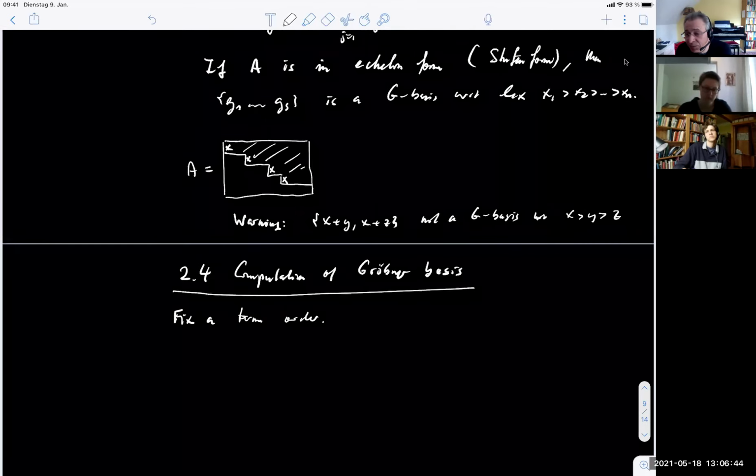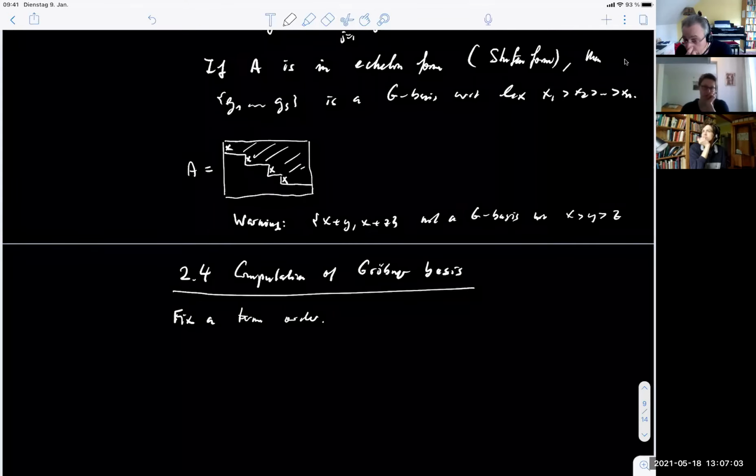So there's no problem. I just add this as a further generator, and then I continue. I pick a pair, check. If I get non-zero, I add it. If I get 0, I'm happy. So this is a procedure.